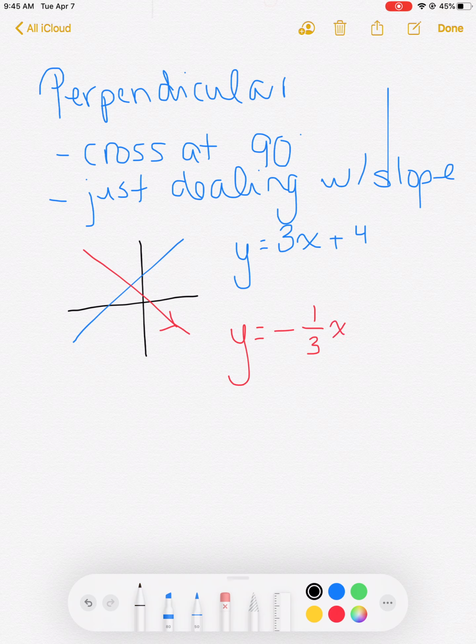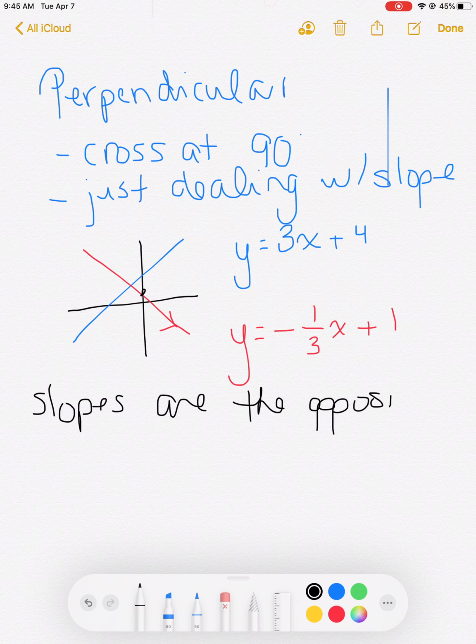And let's say right here is 1 again. So plus 1. Oops, should be red. Sorry guys, still learning. Plus 1. So what do you notice about the slopes? The slopes are the opposite sign and it's flipped.